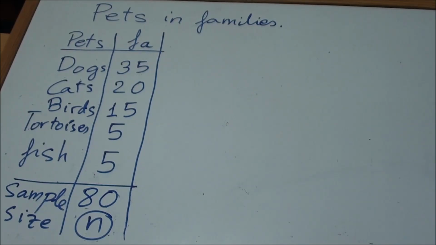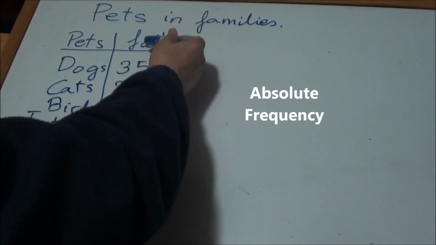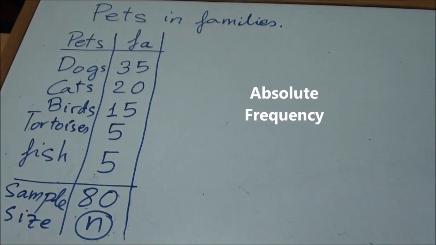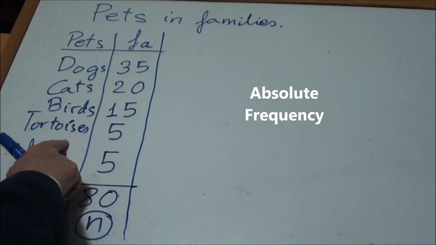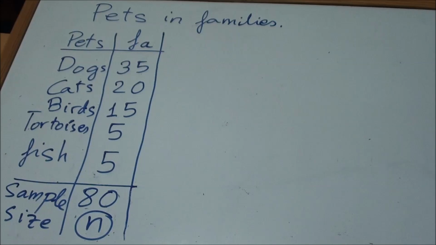The same as with other types of variables, that is the sample size, which we call n. We have asked 80 families. And this is the absolute frequency: the number of families having dogs, cats, birds, tortoises, and fish.